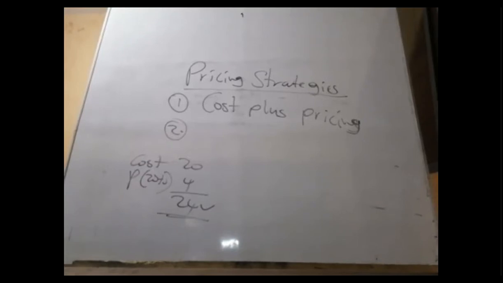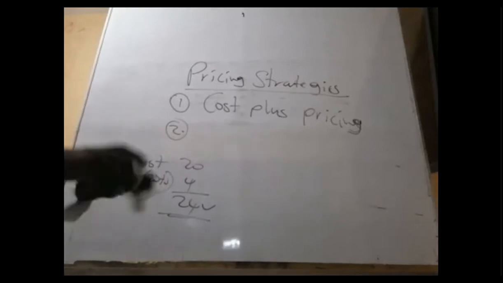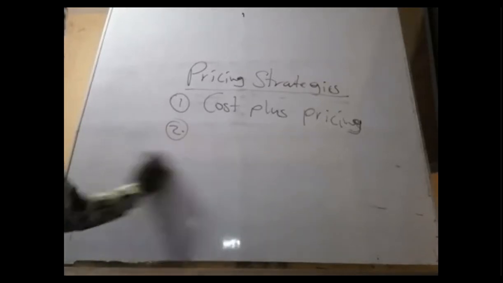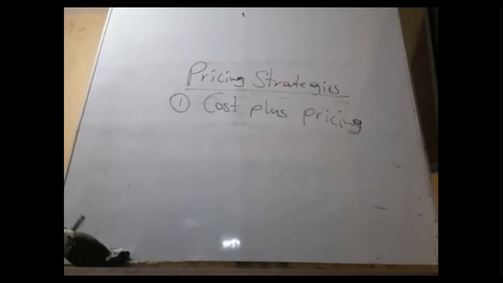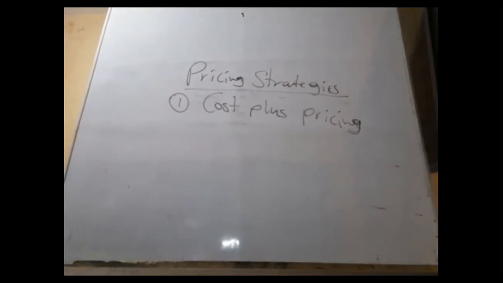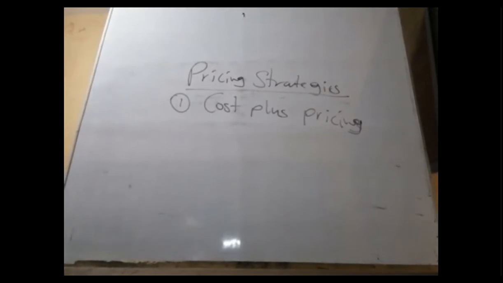So it's the method of deciding selling price by adding a percentage markup to the full cost of the product. This is a method of pricing where a percentage markup for profit is added.